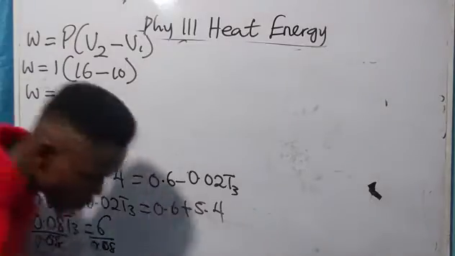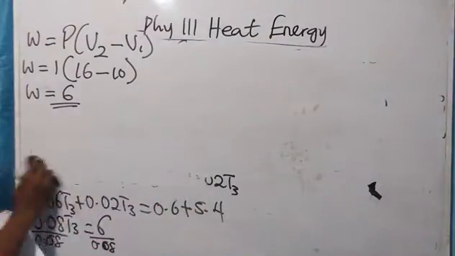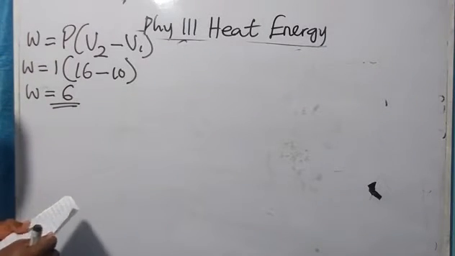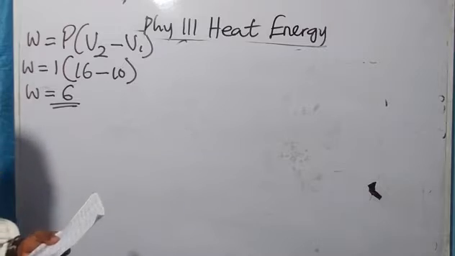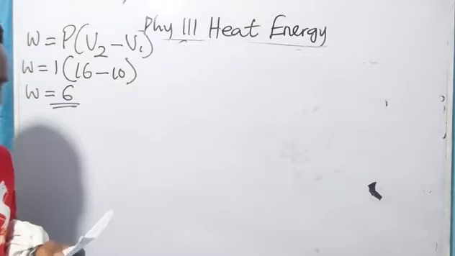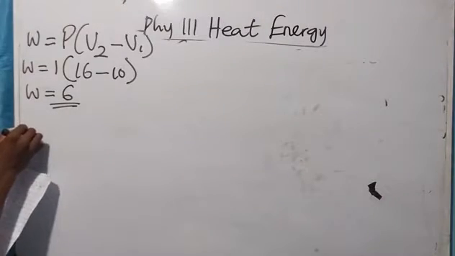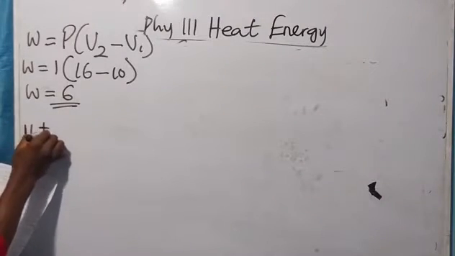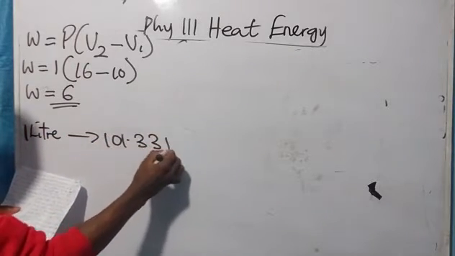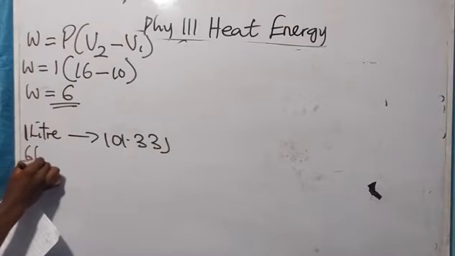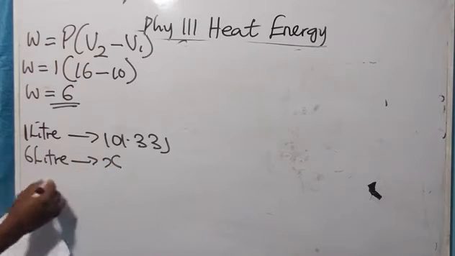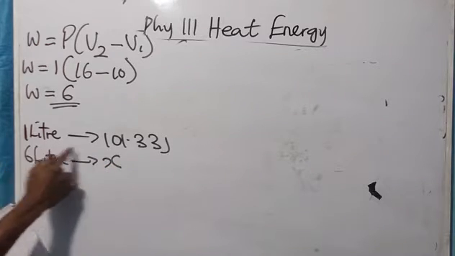But to calculate the final work done, what I just calculated is in liters. Alright, so now to calculate the final work done, they said we should take 1 liter to be 101.33 joules. Then what will 6 liters give? We don't know, let's just make it X. So X becomes this times this.